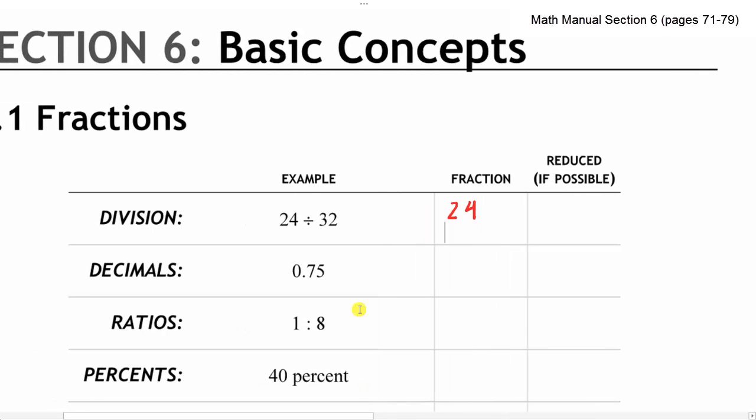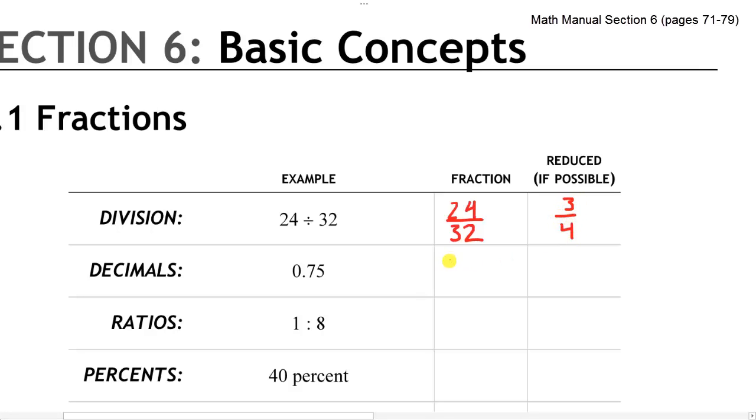So, when we see a division symbol, obviously that does mean that we have a fraction bar. The division symbol converts to a fraction bar, so this would be 24 over 32. If we reduce that, which remember you can do in most calculators, especially graphing calculators, 24 divided by 32 in the TI-84, you can hit the math key and then hit enter twice, and it will convert that to a reduced fraction.